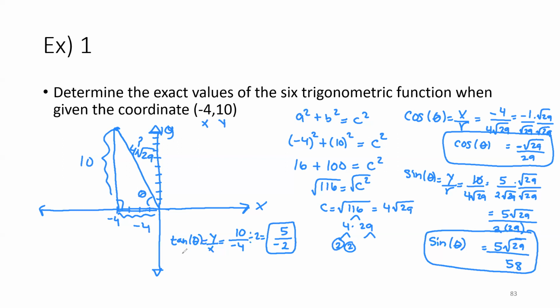So that's tan theta. So we have cosine, sine, and tangent, and to find the other three is just the reciprocal.